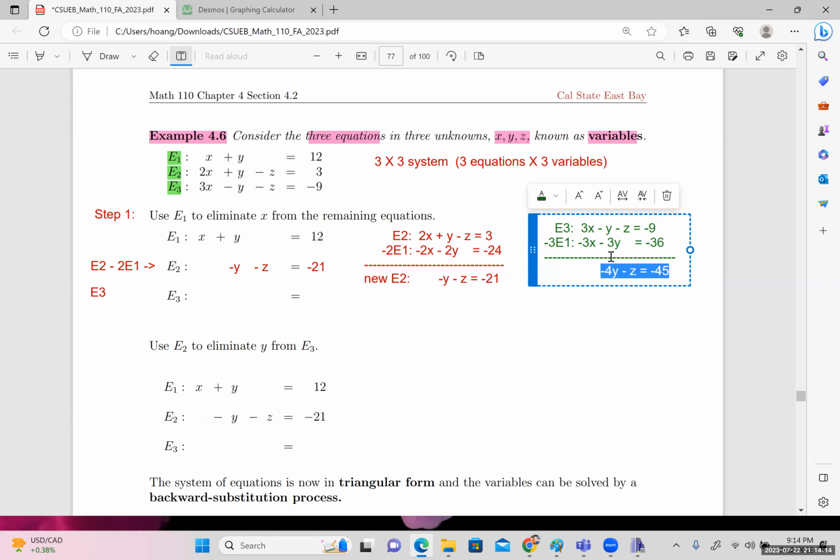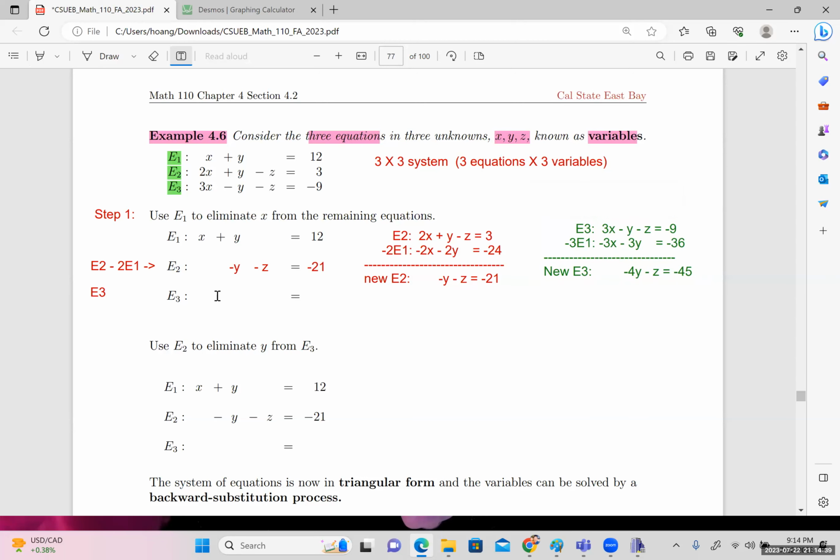Okay, so we will have a new equation 3 will be this. Yeah. And I will just copy this down and put this one here. I will have equation 3 minus 3 equation 1. This was in green.